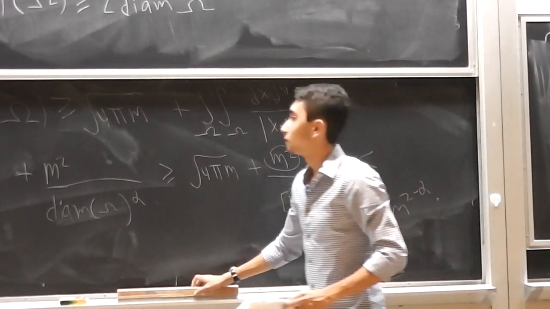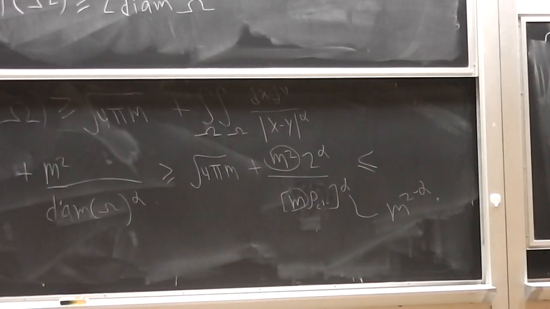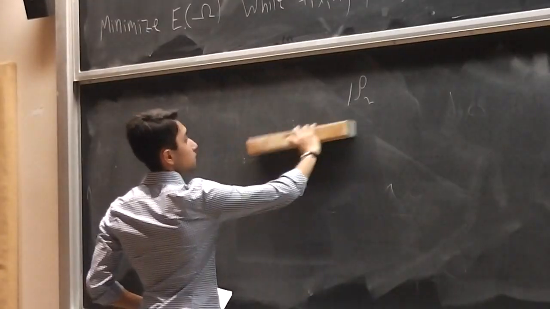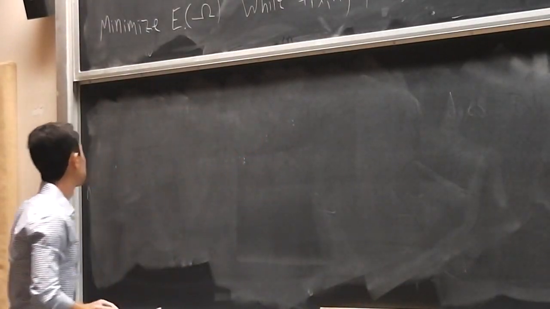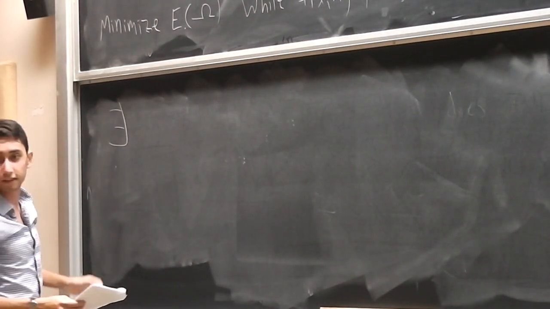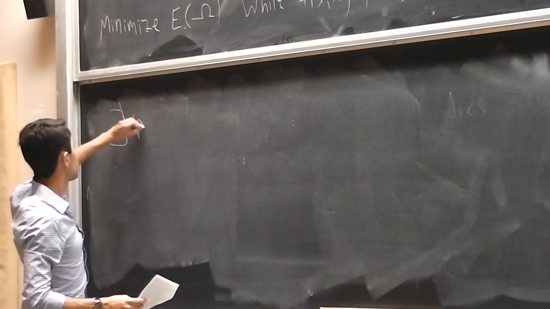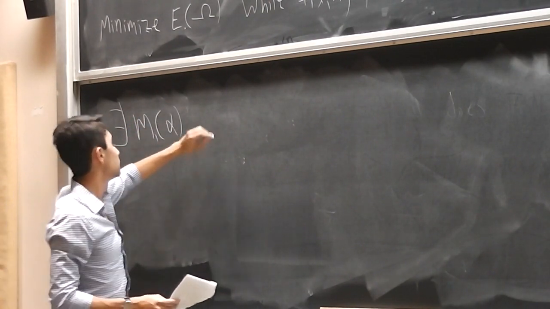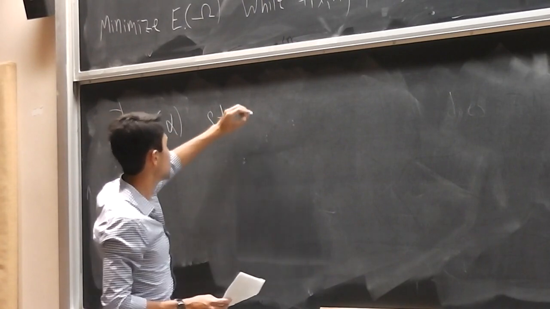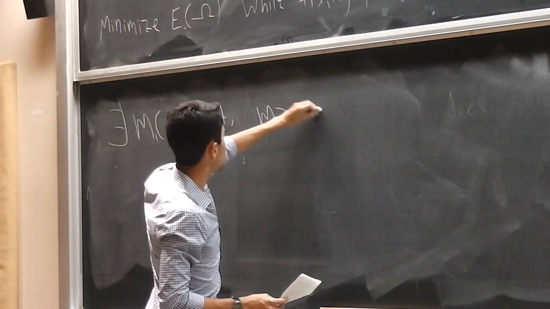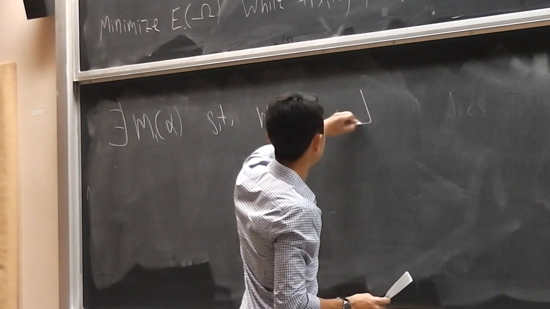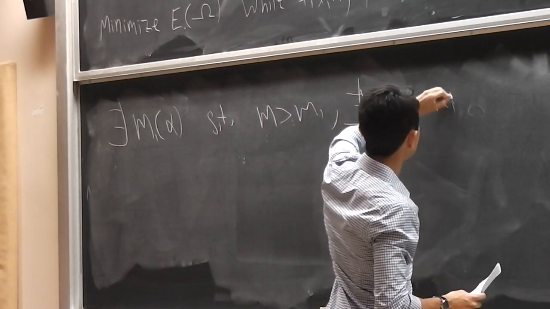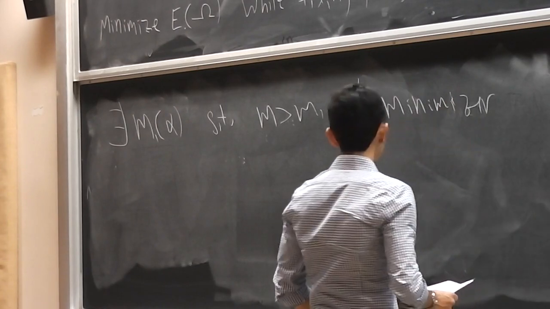So there exists another critical value of m, maybe m1, such that for m greater than m1, there doesn't exist a minimizer.